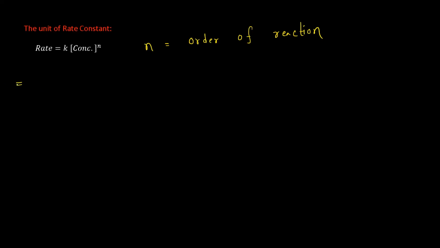So we can write rate constant K is equal to rate divided by concentration power n.